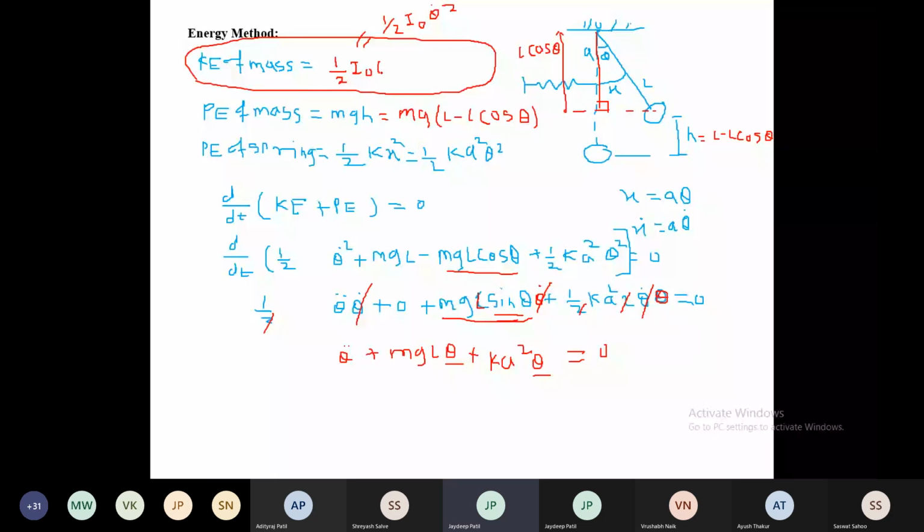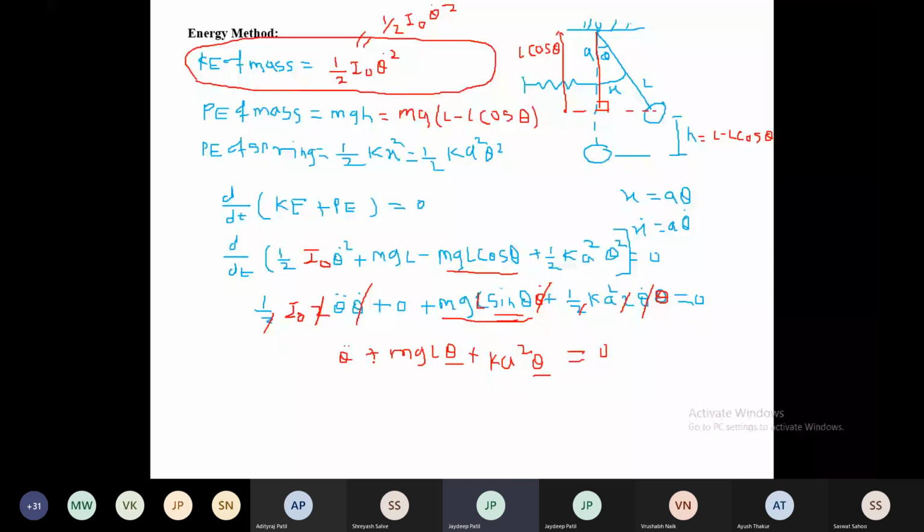Next, you have to put this 1/2 I O theta dot square. Means here what will come: 1/2 I O into 2 theta double dot theta dot, cancel here, means you will get I O theta double dot plus mgl theta plus k a square theta is equal to 0.